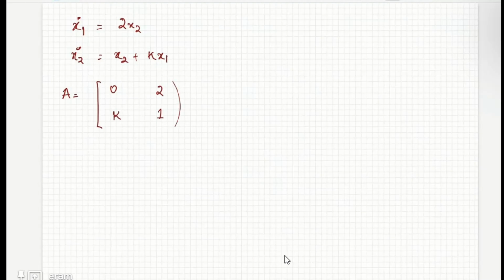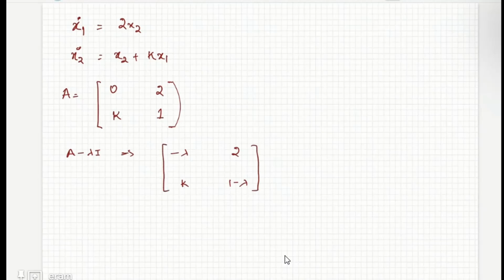Now if we see the eigenvalues for this matrix A, we need to calculate A minus lambda I, which is [minus lambda, 2; k, 1 minus lambda]. Its determinant gives us (1 minus lambda) times (minus lambda) minus 2k.